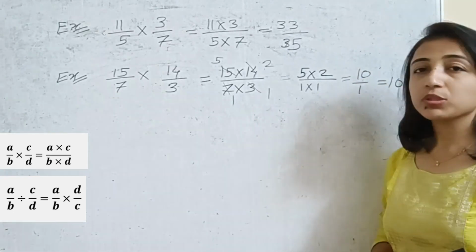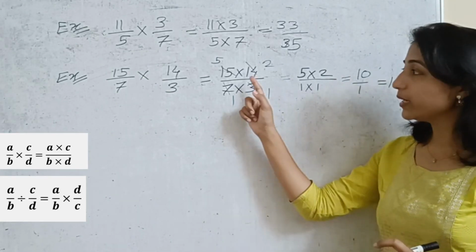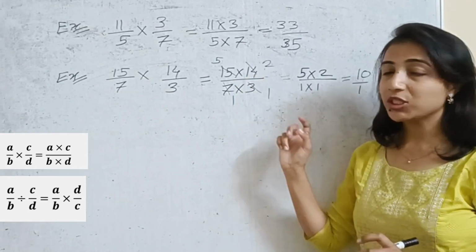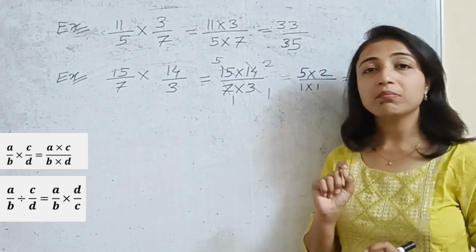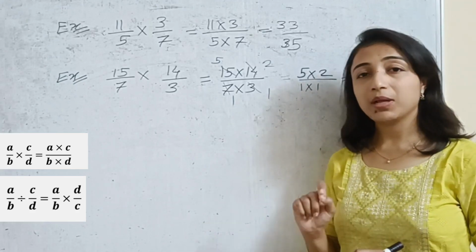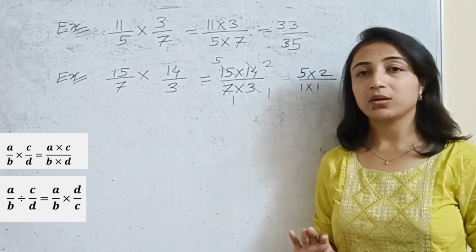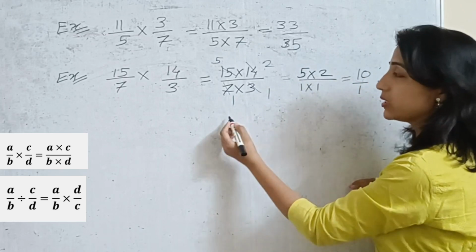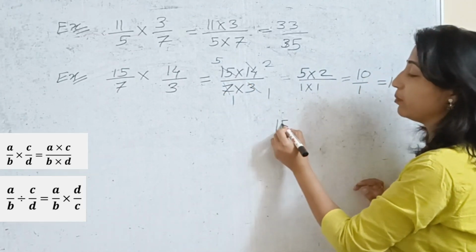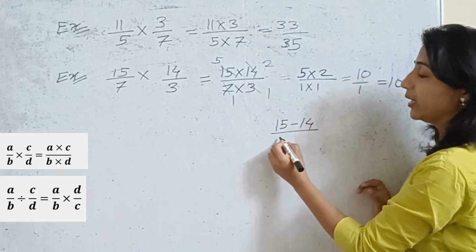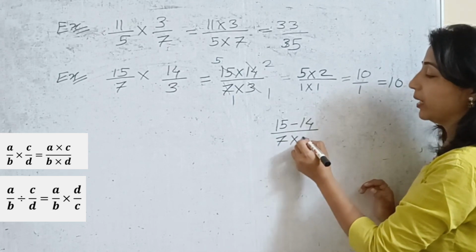Here the cancellation process is only applicable if the numerator contains all numbers in multiplication and the denominator contains all numbers in multiplication. If there is a plus or minus, then you cannot cancel out the numbers. Let's suppose instead of this multiplication, it is 15 minus 14 divided by 7 multiplied by 3.